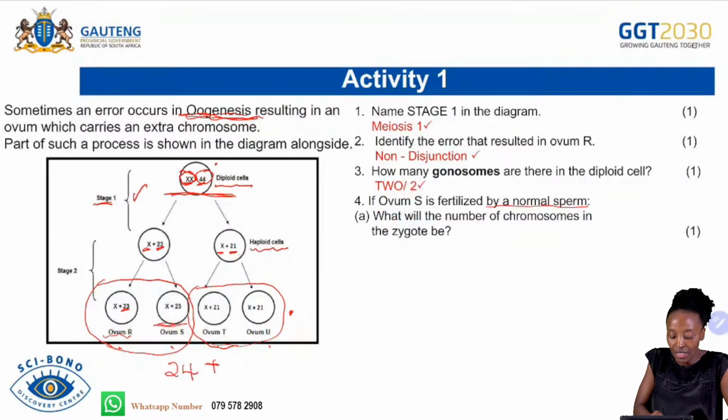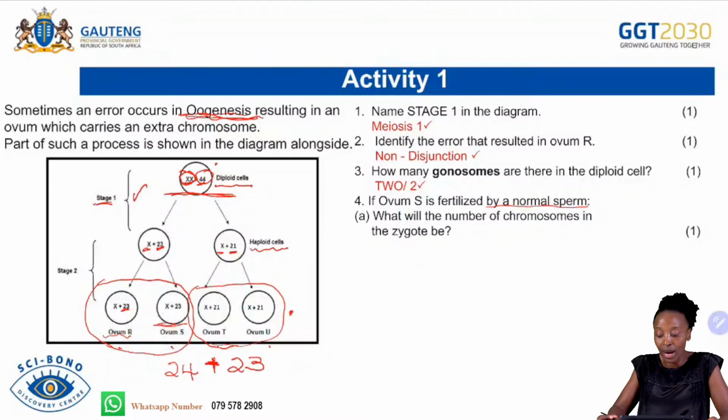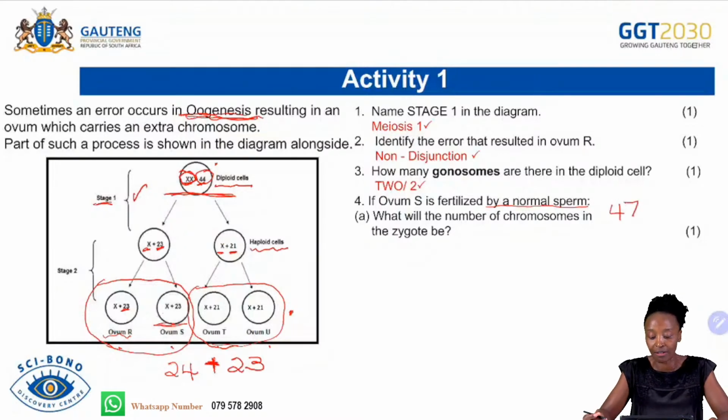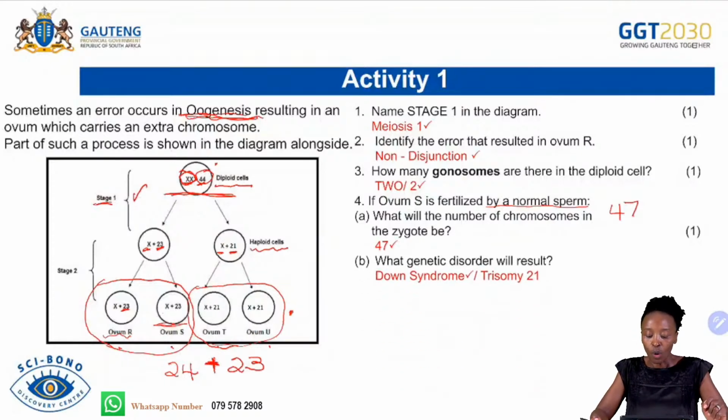And if it is fertilized by a normal sperm cell, which has 23, then 24 plus 23 results in 47. So the zygote that will be formed will have 47 chromosomes. So that's the answer. Now moving on. What is the genetic disorder that will result? The answer is already there. The genetic disorder is Down syndrome.